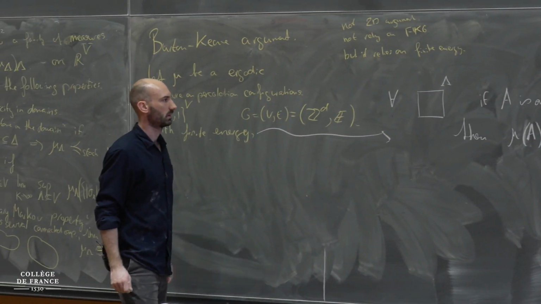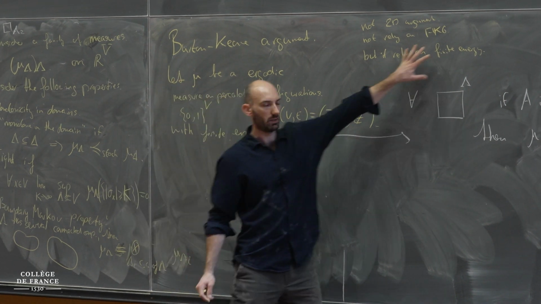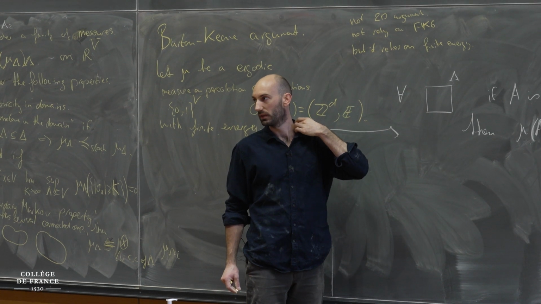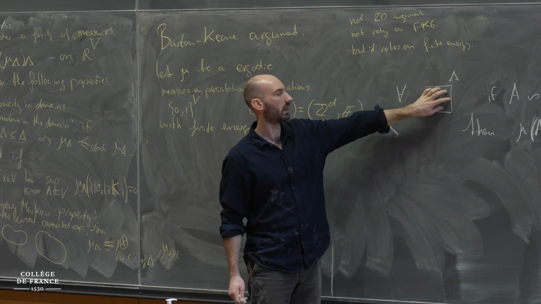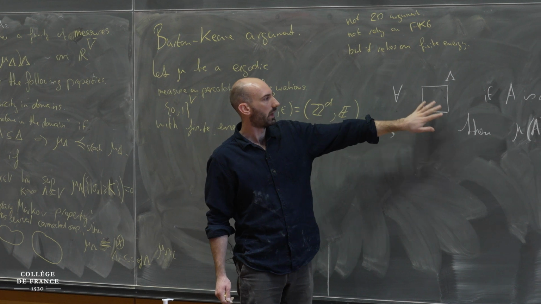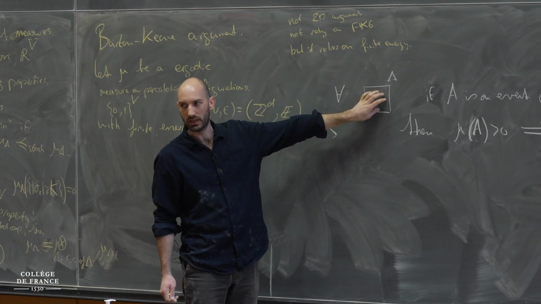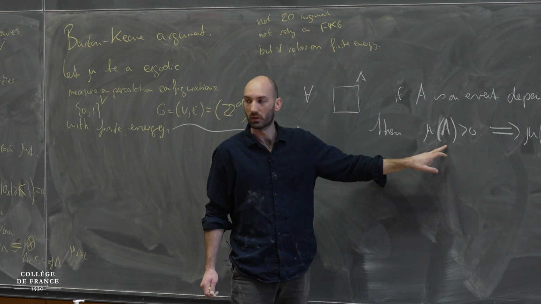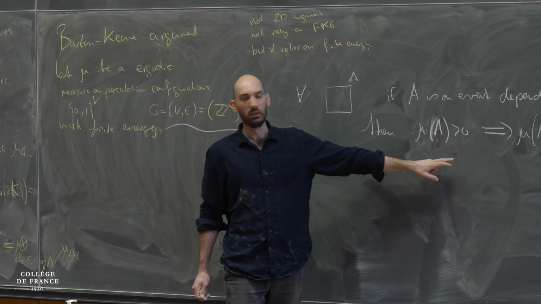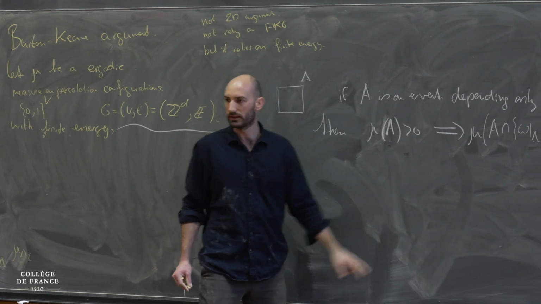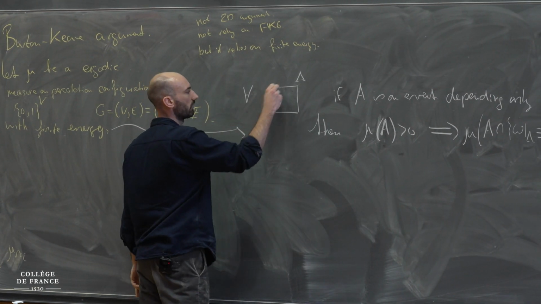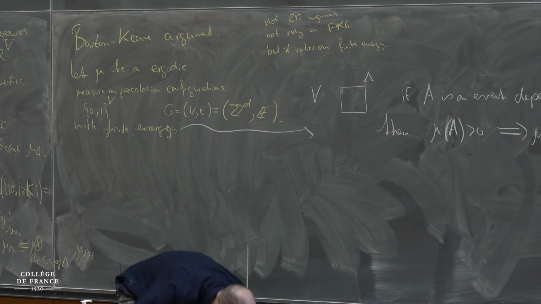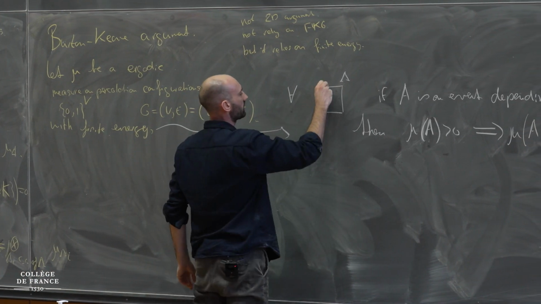So I have some event A. To see if it's realized, I'm only allowed to inspect what happens outside of lambda, so it really doesn't depend on what happens inside. And now I say that the measure has finite energy if for any lambda, if A has positive probability, then it also has positive probability that A occurs but everything in this box is open.